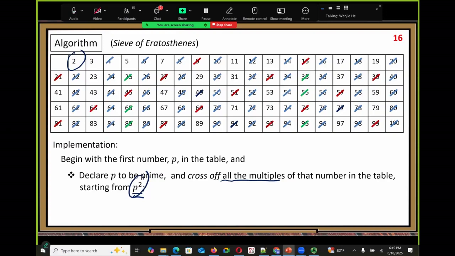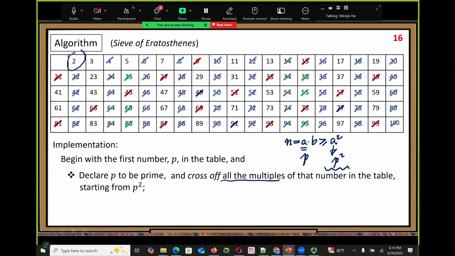I want to explain why p squared. Remember a squared? Let's recall n equals a times b, greater or equal to a squared. This time a equals p, then a squared equals p squared. That means the smallest composite number is p squared. So the first composite number you should cross off is p squared.